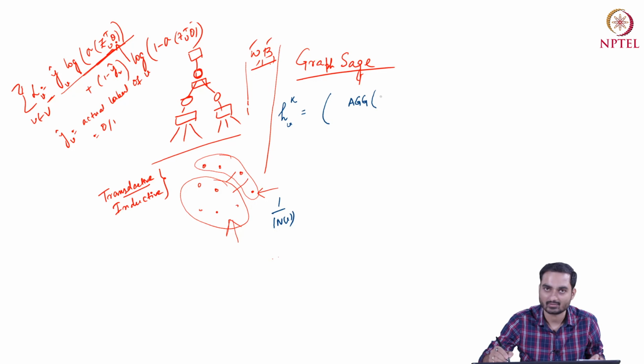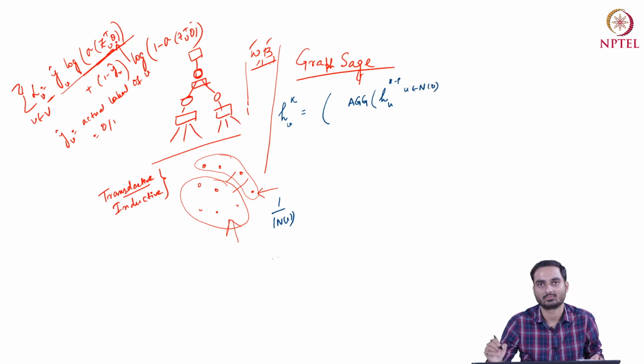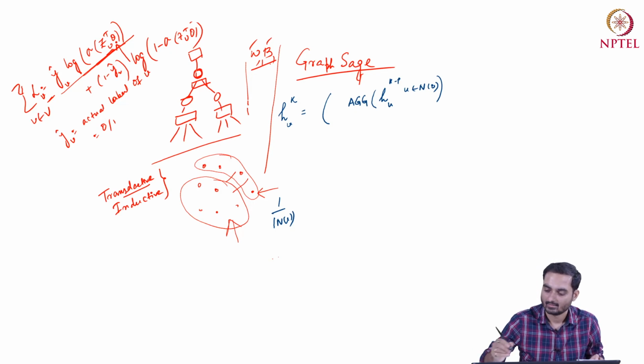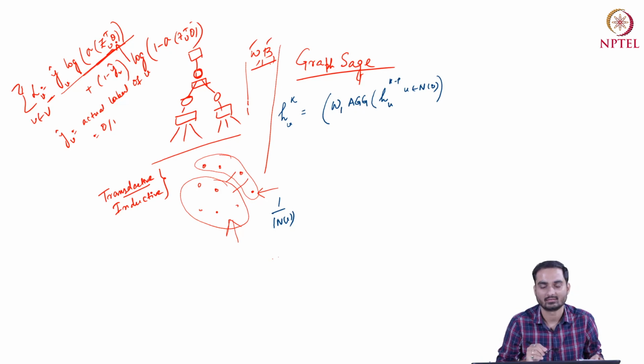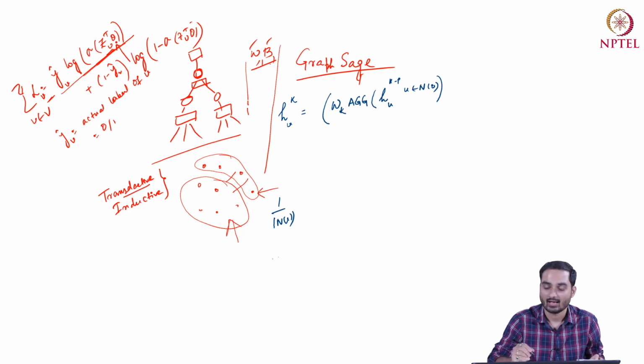And what are the parameters and arguments? The arguments are the embeddings of the neighbors of V at time k minus 1. This aggregation function can be mean, sum, min, max, anything. Let us make it parameterized, Wk, and you have the additional part, which is H V k minus 1, Bk.